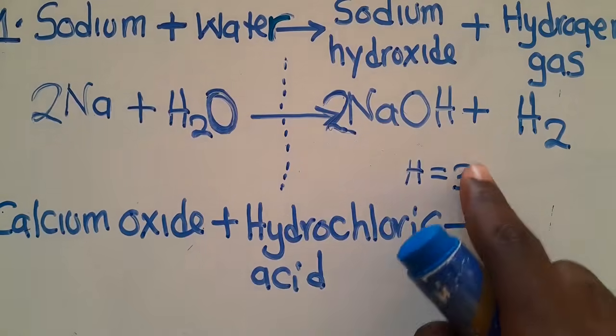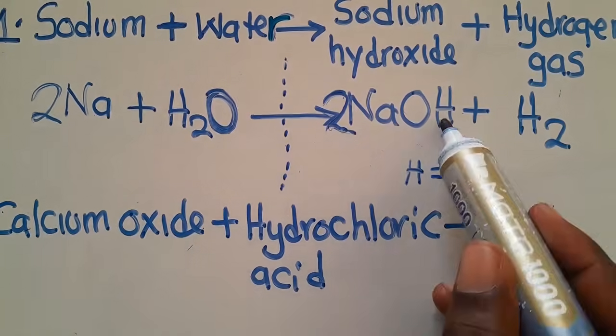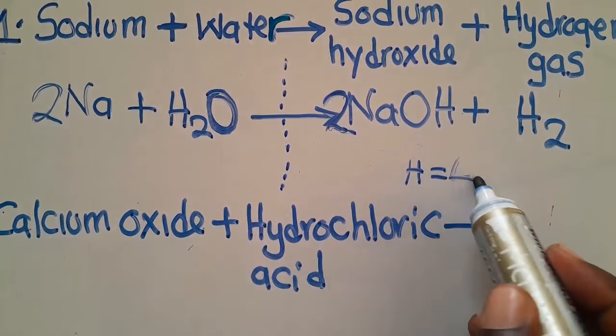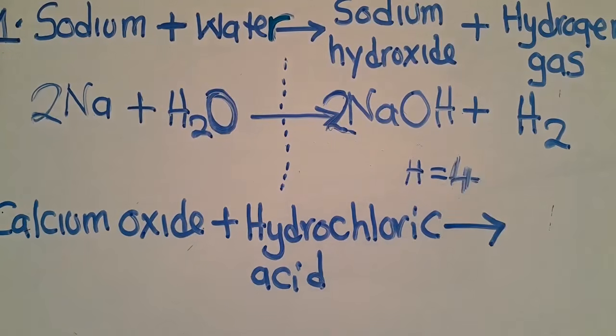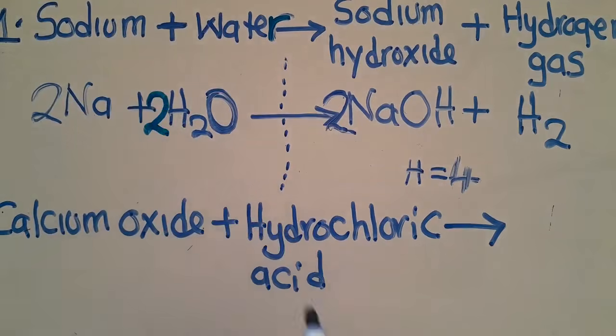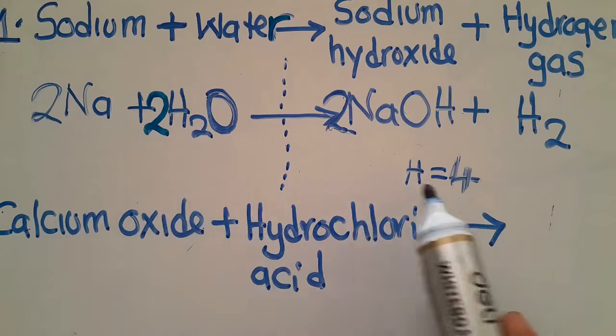Hydrogen this side, how many atoms of hydrogen are we having now? 2 plus 2, they are 4. So the number has changed. We've got 4 here and 2 here. How do we balance? I just put a 2 here, and like this you've balanced it.